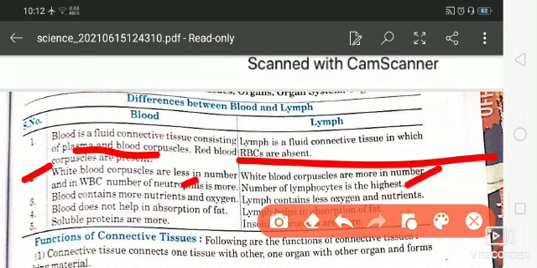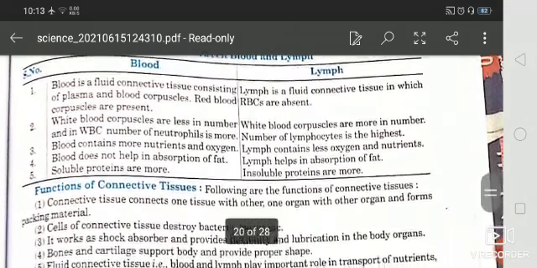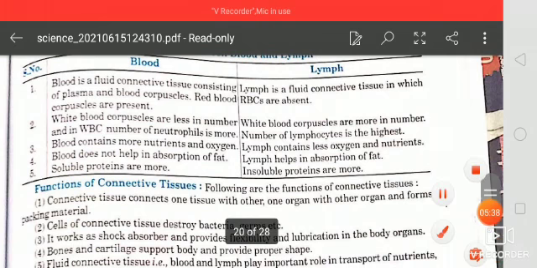Blood contains more nutrients and oxygen, but lymph contains less oxygen and nutrients. Blood doesn't help in absorption of fat but lymph helps in absorption of fats. Soluble proteins are more in blood, but in lymph there are more insoluble proteins.